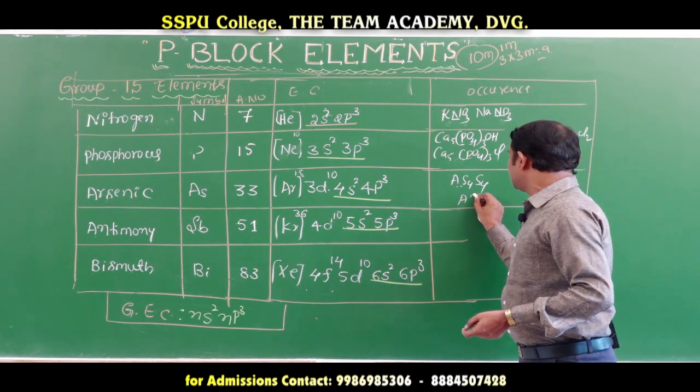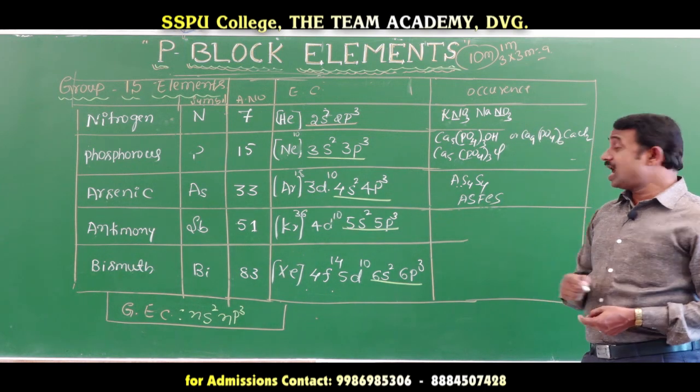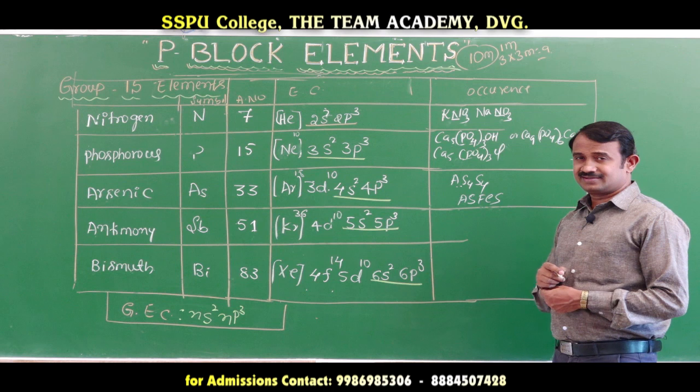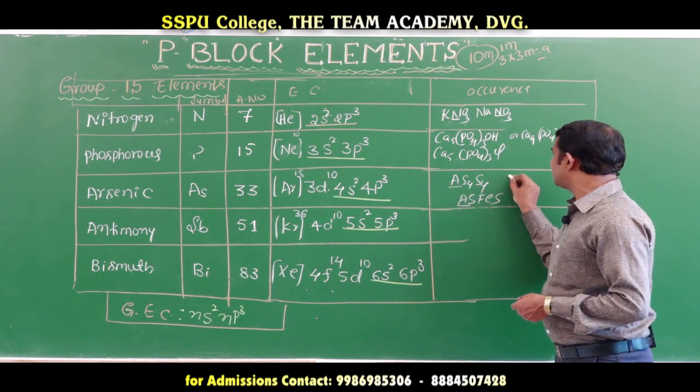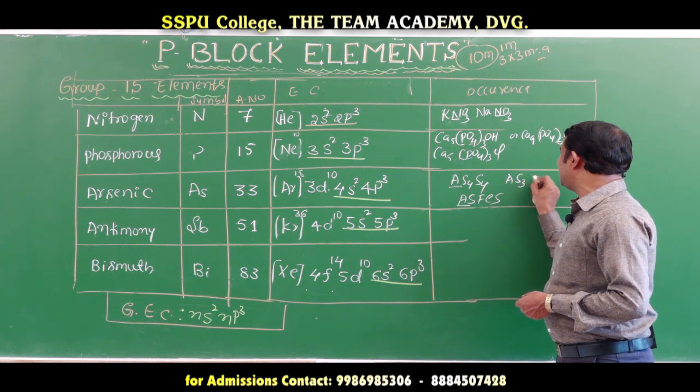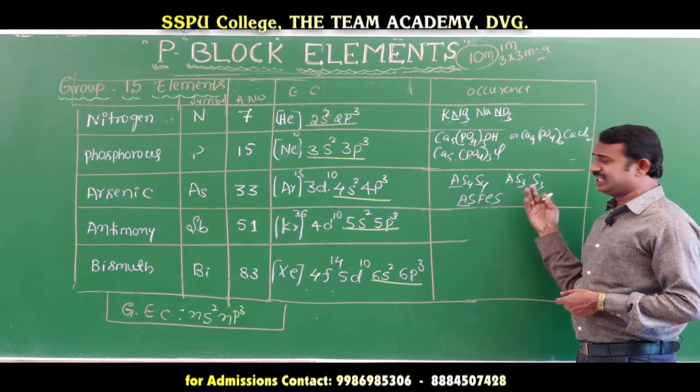Arsenic pyrite means FeS with copper pyrites, here arsenic pyrites. This is also important, an ore which contains arsenic. This is an ore of arsenic.